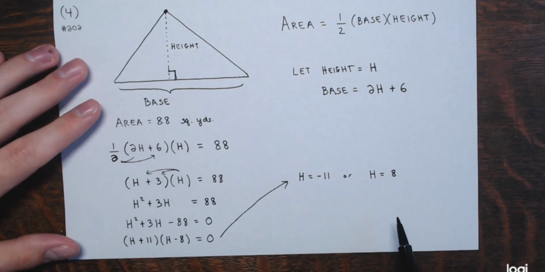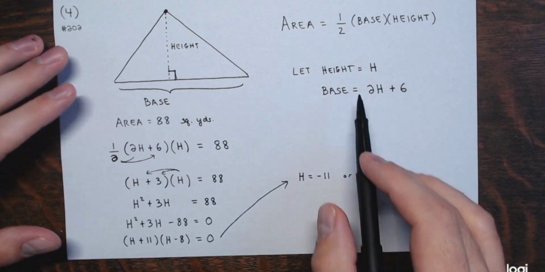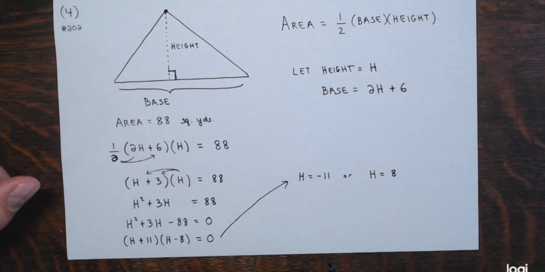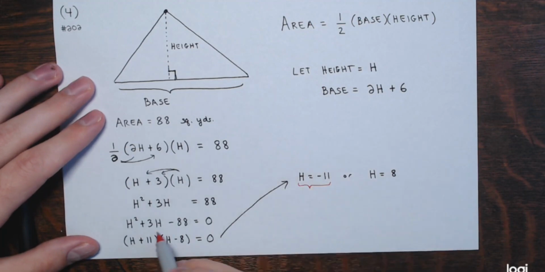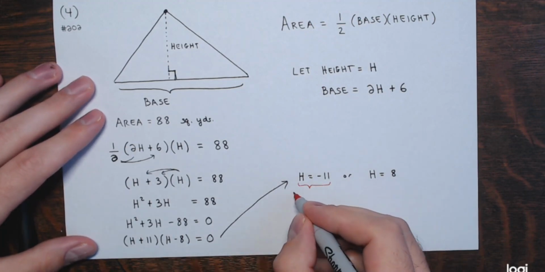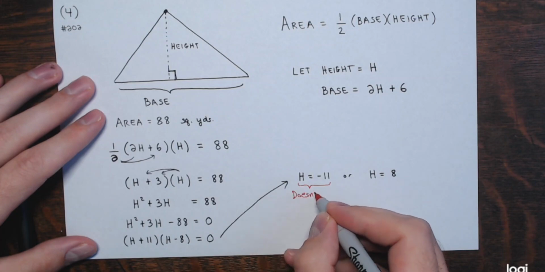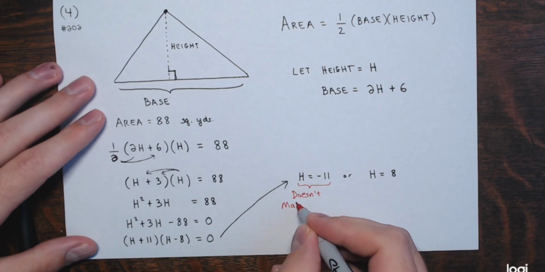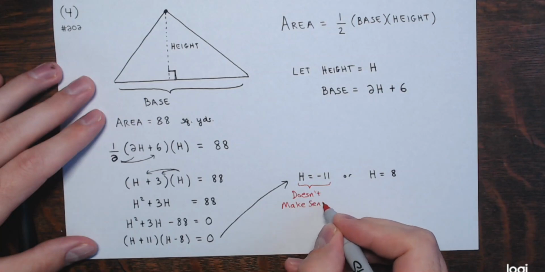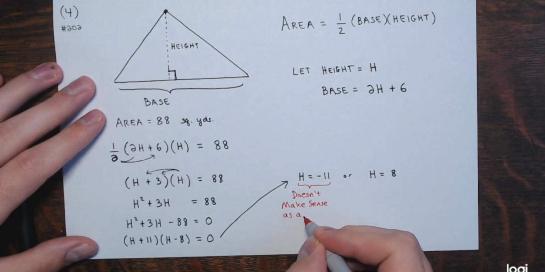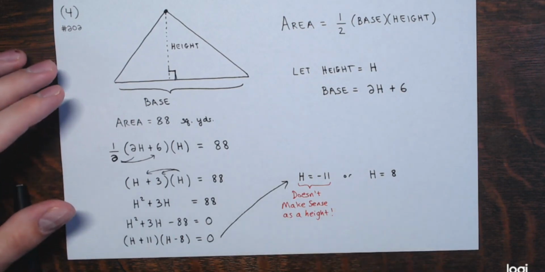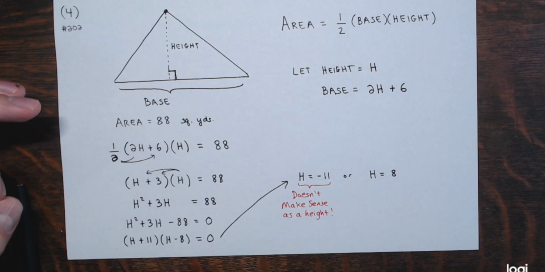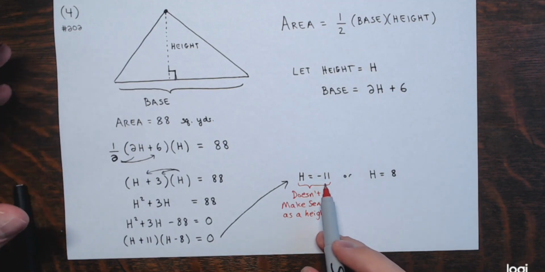Now you've got to remember though, we're talking about the height of a triangle. So even though this is a solution to my equation, this doesn't make sense as a height. It doesn't make sense to say the triangle has a height of negative 11 yards.